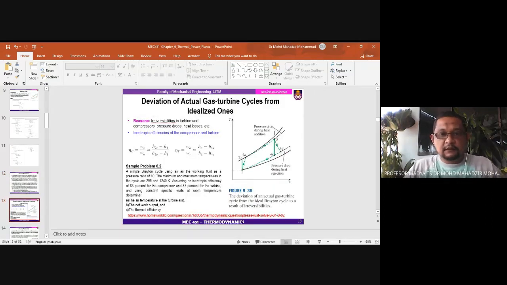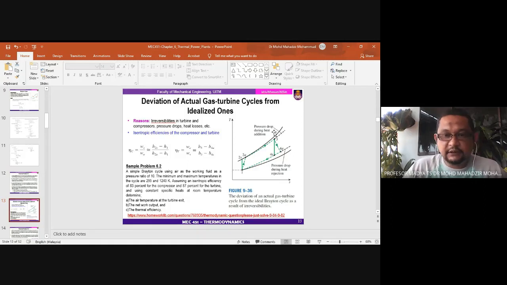Okay, another one is deviations of the actual gas turbine from the ideal ones. What I have told you just now, the Brayton cycle, is based on the ideal, that means on the theory of the Brayton cycle. But in reality, when you want to make the calculation or analysis, you cannot base it on the theory or the ideal. You have to calculate based on the actual.